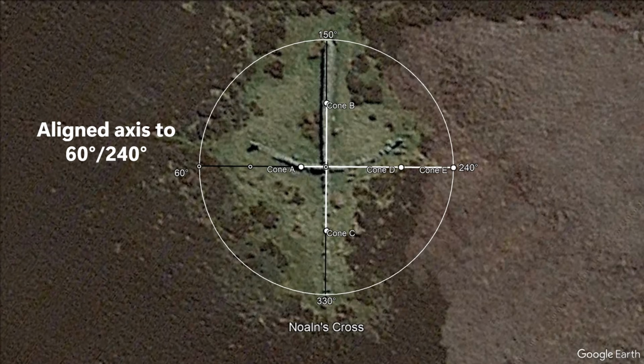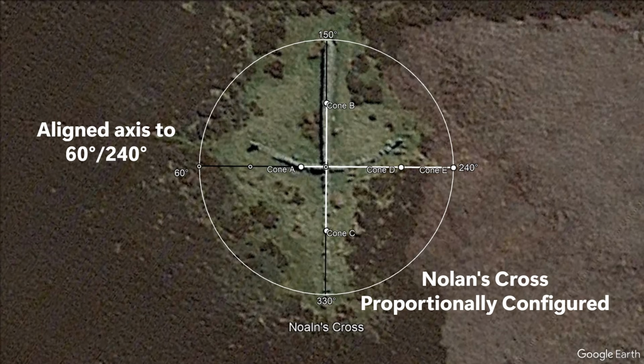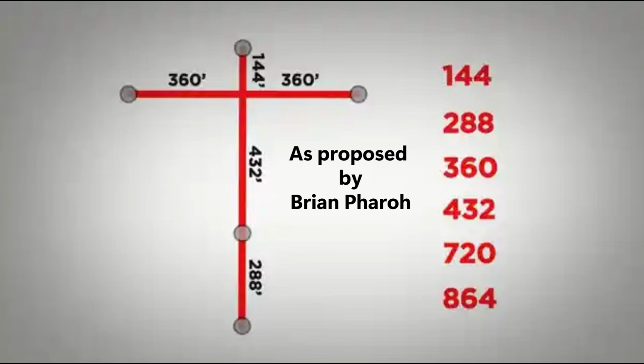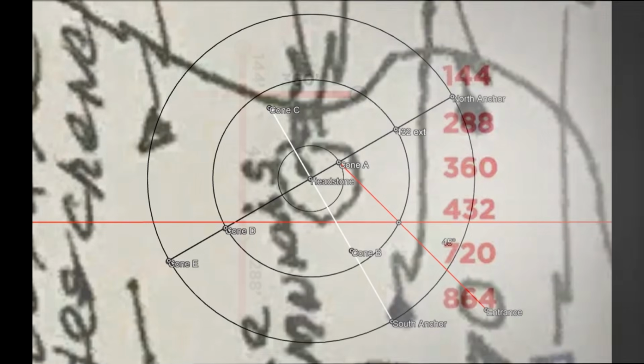We have Nolan's cross aligned in the 60 to 40 direction, just like on Oak Island. And it is proportionally the same as Nolan's cross, and it is according to Brian Farrow's dimensions that he proposed a while back.